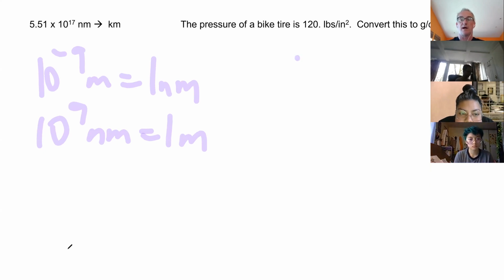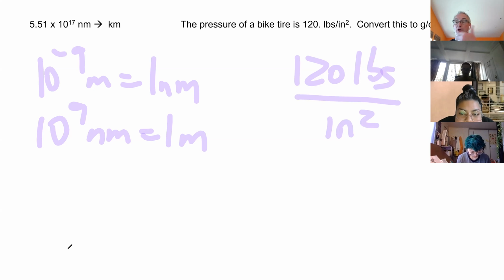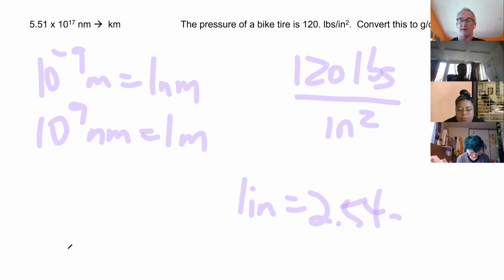Here, 120. pounds per inch squared. You're going to do the same, and you can convert pounds directly to grams if you want, or you can convert pounds to kilograms and then kilograms to grams, either way. But remember, when you're converting, 1 inch is equal to 2.54 centimeters, and that's precise actually, so if I square this side, I'm going to square this side too.